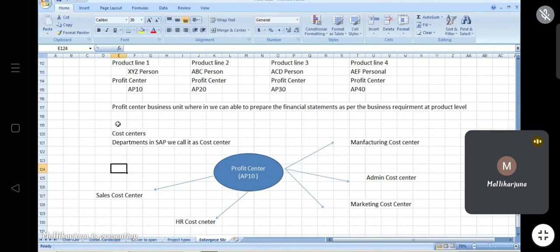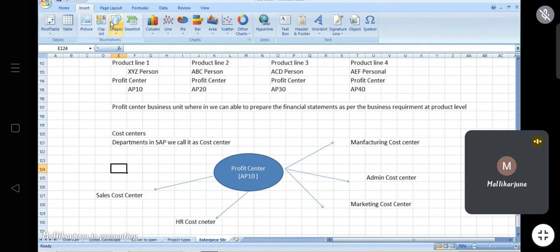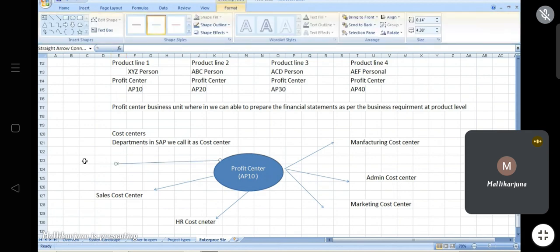Okay. So finally I would say production department. Of course, manufacturing comes under it, but let's say a different naming convention, production cost center.